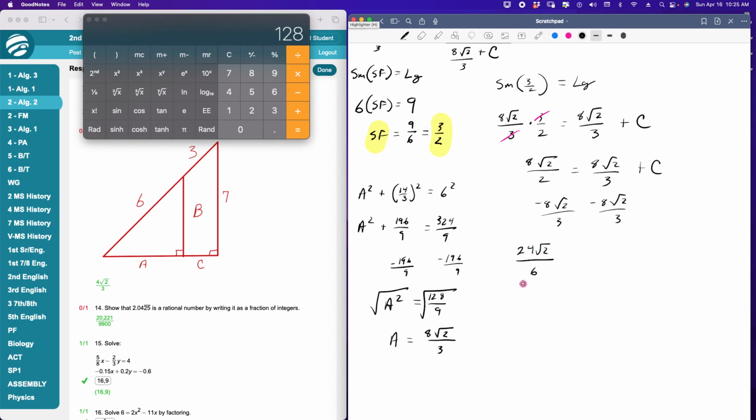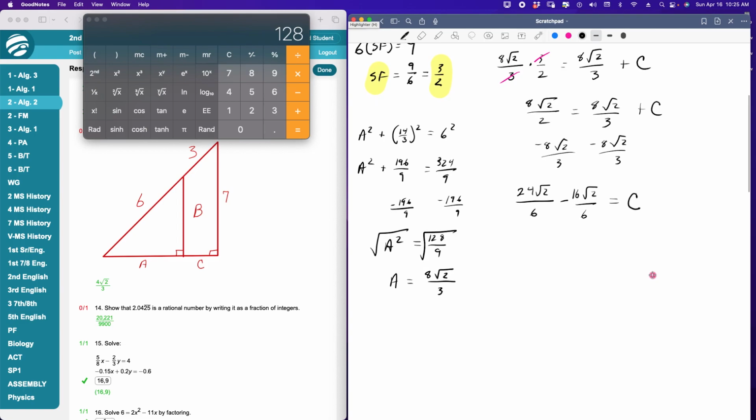So I'm right back where I was. Minus, I multiply this by 2. 16 times the square root of 2 over 6 is equal to C. So we have the value of C. When we subtract, we get 8 times the square root of 2 over 6 is equal to C. I don't know why I wrote a 6.